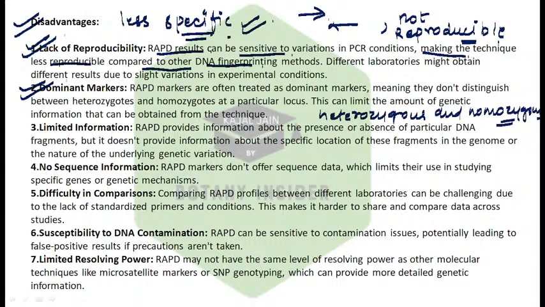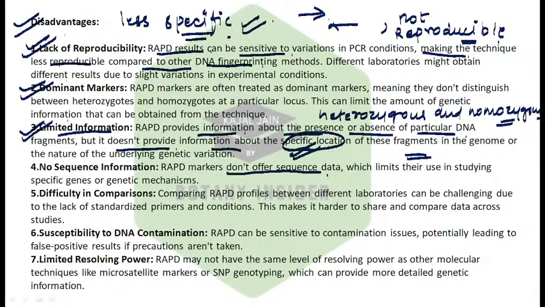It is a dominant type of marker and it provides limited information. It provides information about the presence or absence of a particular DNA fragment, but it does not provide information about the specific location of that fragment. And there is no sequence information. It does not offer sequence data.